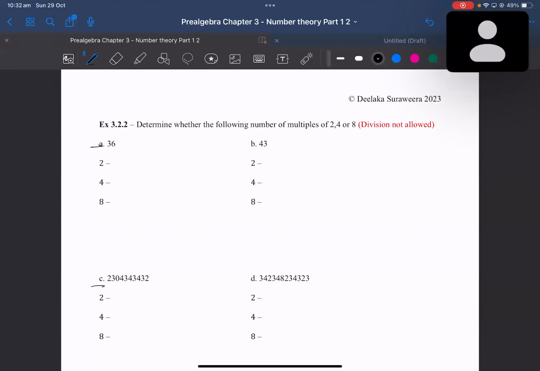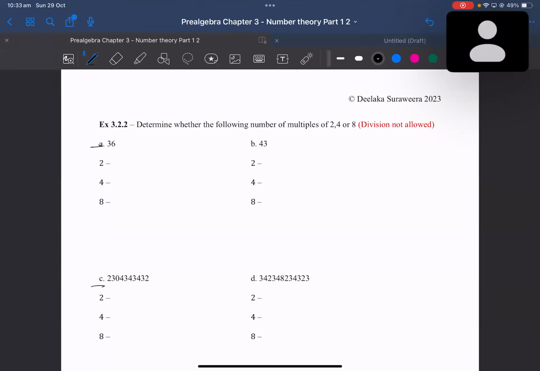What are we doing? A, C, and E. Okay. Possible for doing multiple of 8 and non multiple. Oh, yeah. About that, 4 goes into 32.